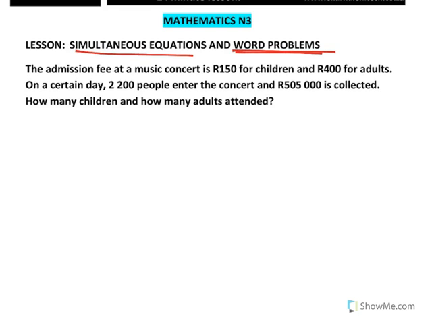So each child takes 150 to enter, and each adult, it costs 400 rand to enter. And then on a certain day, 2,200 people enter the concert, and 505,000 rand is collected.